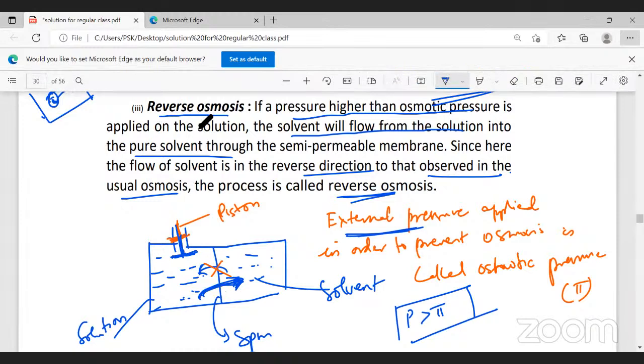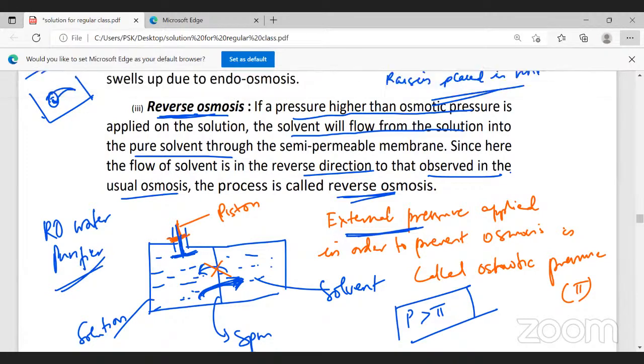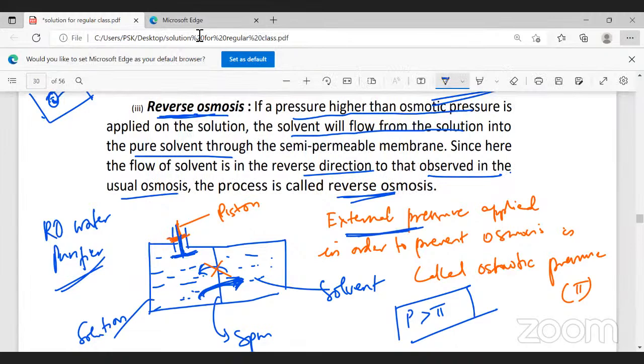Osmosis. Therefore, it's called what? Reverse osmosis. Nowadays, we have RO water purifiers. All water purifiers are based on this principle only, reverse osmosis. All right. Did you understand what is reverse osmosis? It's an important question for your 12th standard exam. Did you follow? Yes, sir.